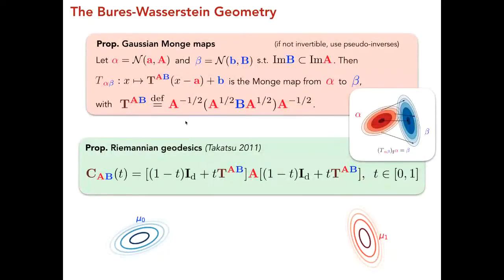Okay, so yes, for simplification, I wrote this, but yes, you're right. We can define couplings if this condition is not satisfied, but if it is satisfied, then we can find maps from A to B, but not from B to A. Okay, and there is a closed form formula that is simple for the couplings in the general case?